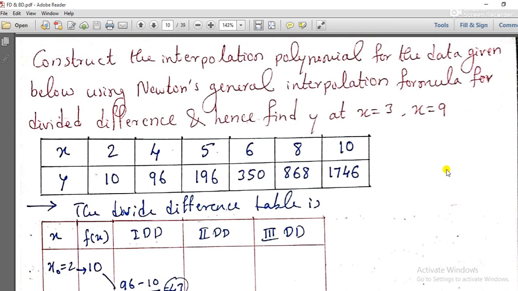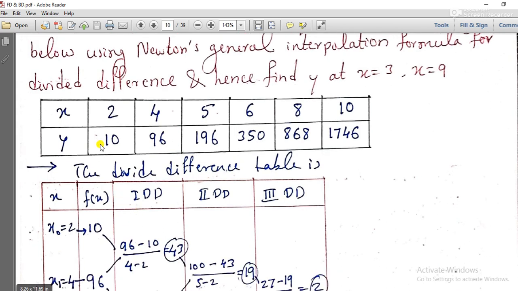We have to find the y values. x equal to 3 lies between 2 and 4, so the answer is between 10 and 96, and x equal to 9 lies between 8 and 10, so the answer is between 868 and 1746.